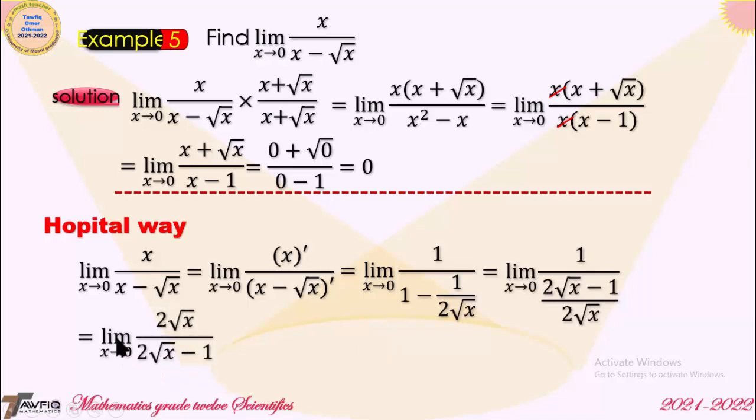Simplifying, it becomes the limit as x approaches 0 of 2 square root of x over 2 square root of x minus 1. Replacing 0, it becomes 0. As you can see, it is the same answer.